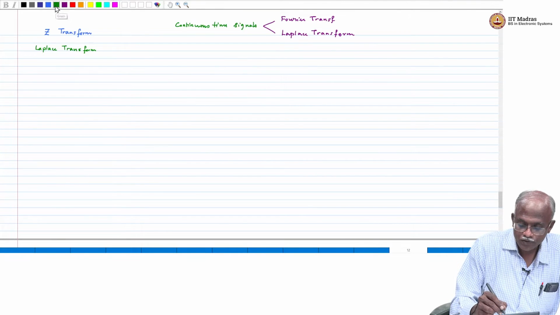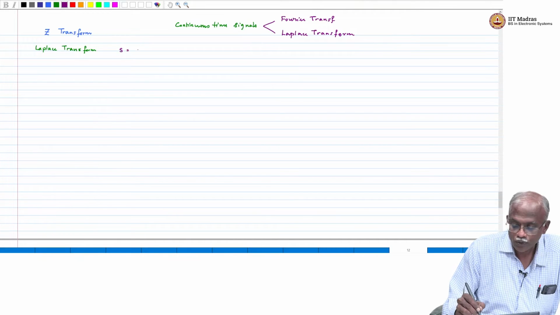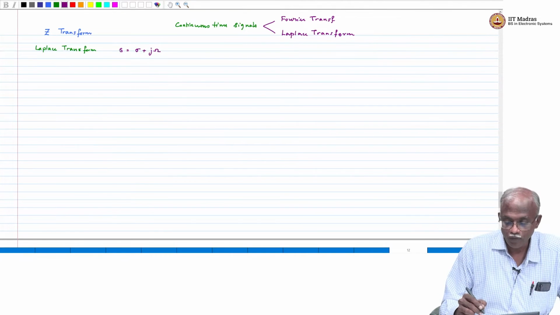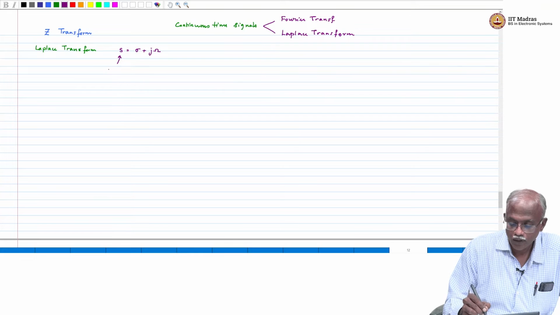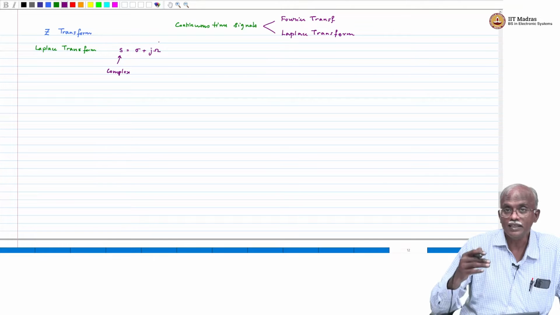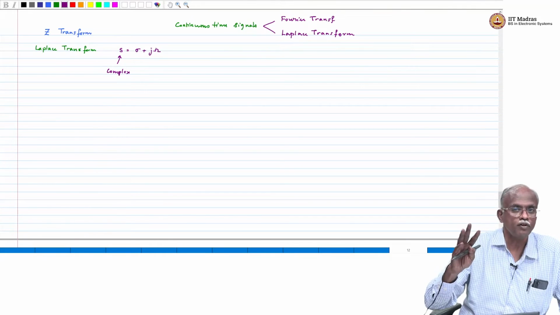So, Laplace transform is done in terms of a variable S, which is equal to sigma plus j omega. So, S is a complex variable. Sigma is the real part of S, omega is the imaginary part of S, and omega is treated as a frequency.